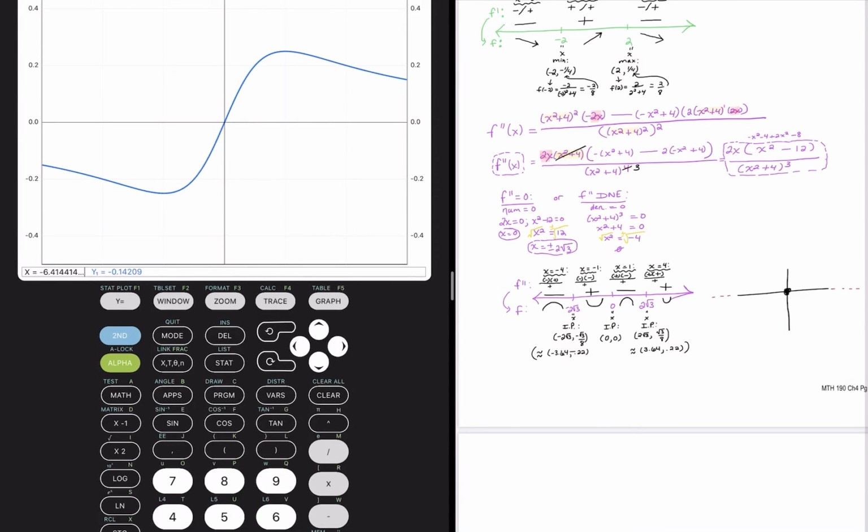And now the facts that we know from the increasing and decreasing. So at 2, we were up at 1/4. This is not drawn to scale, but we know that we have a max at 2, 1/4.